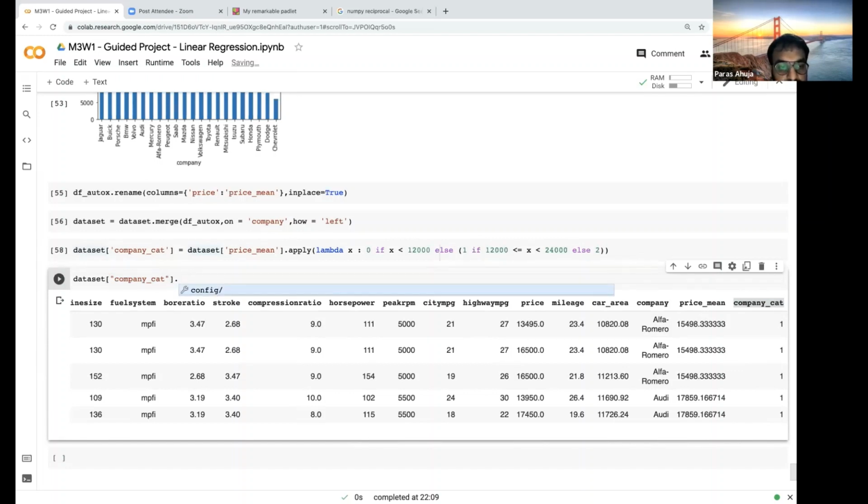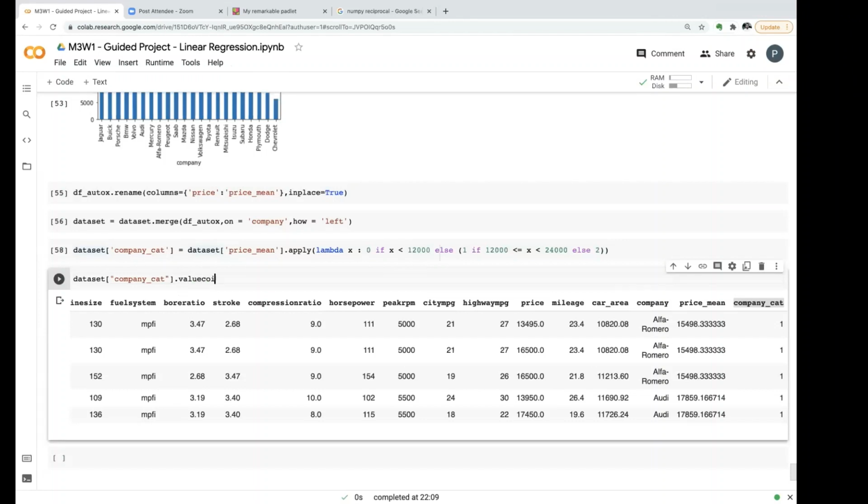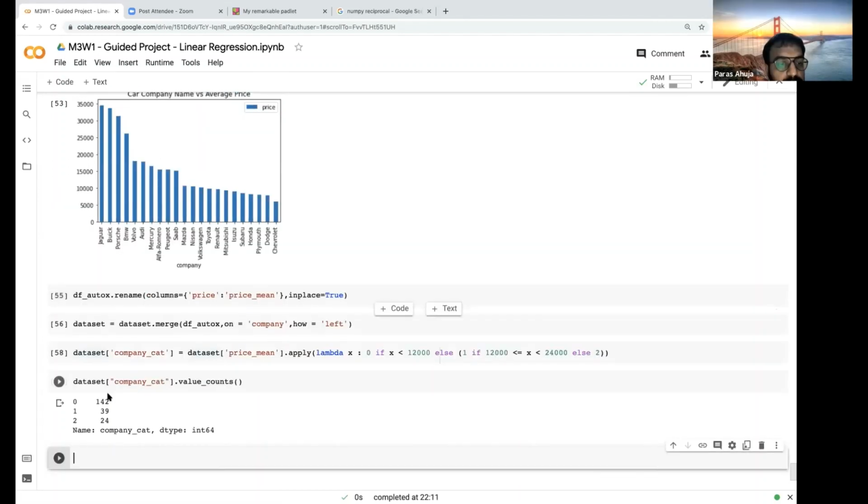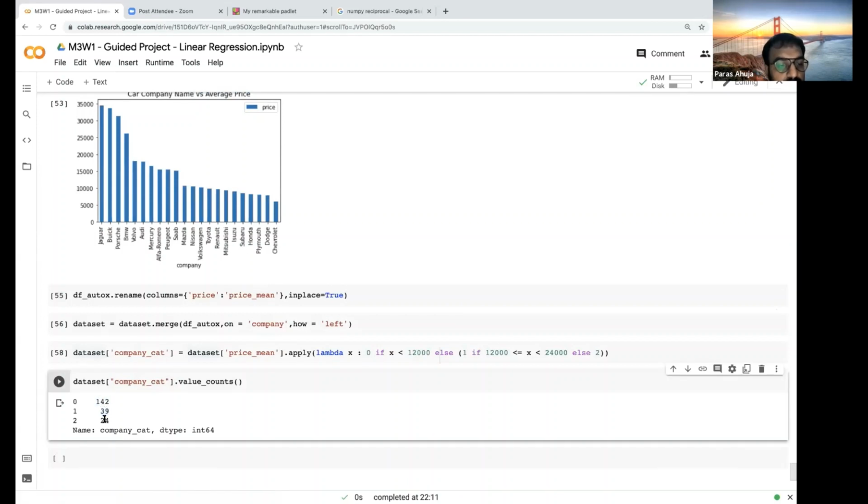Yeah. So I'll just check the value counts for it. Right, so zeros are 142, one is 39, and 2 is 24. Right, we could merge these two also.